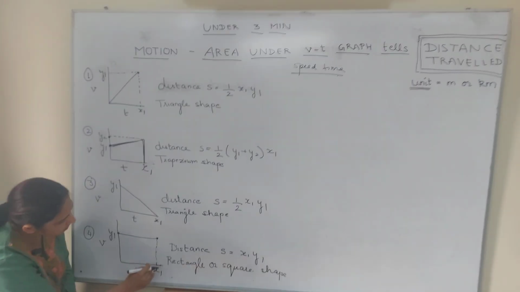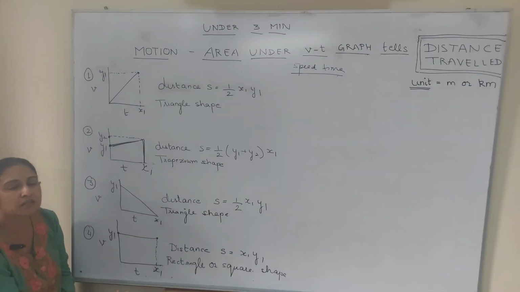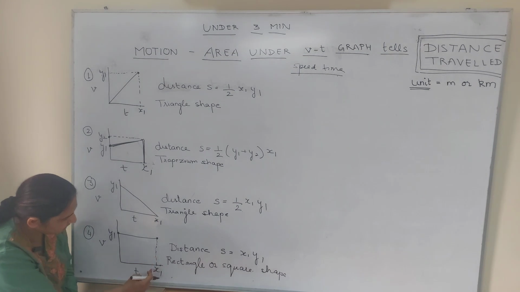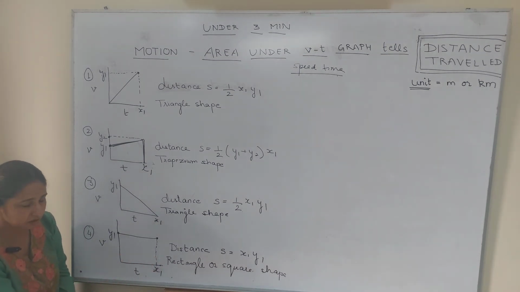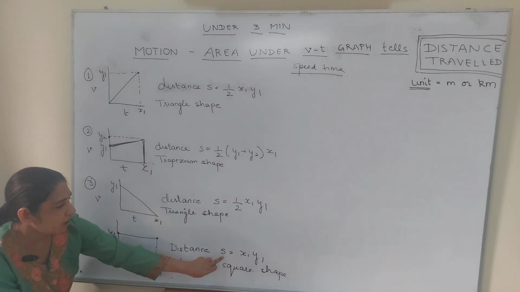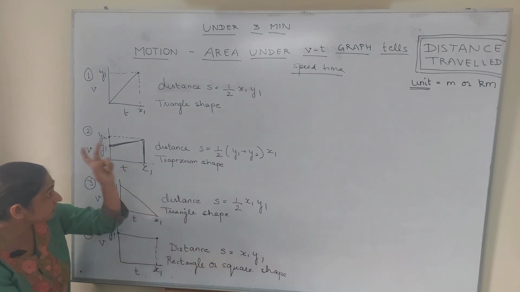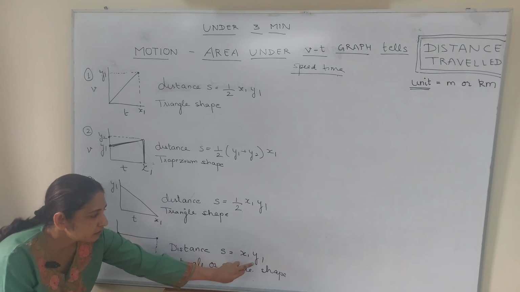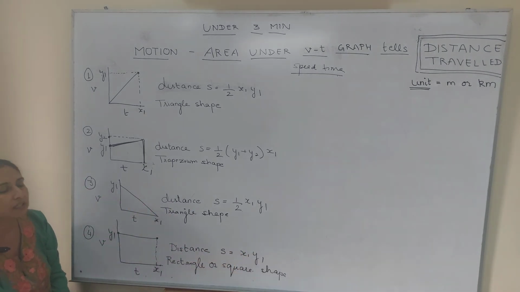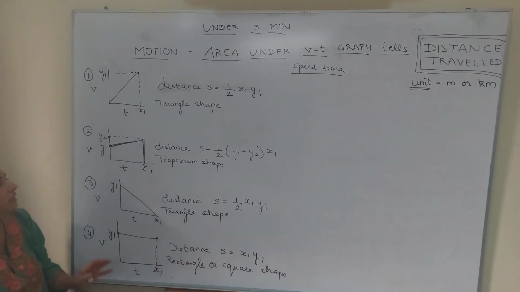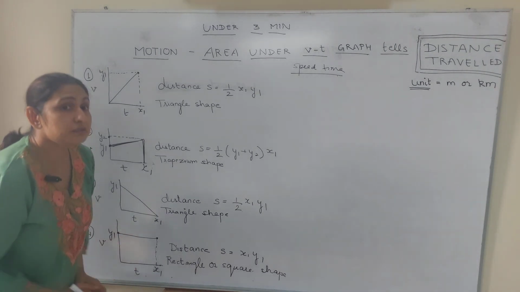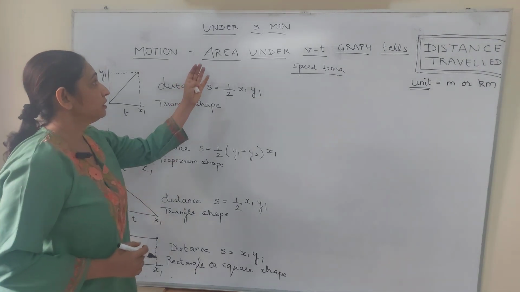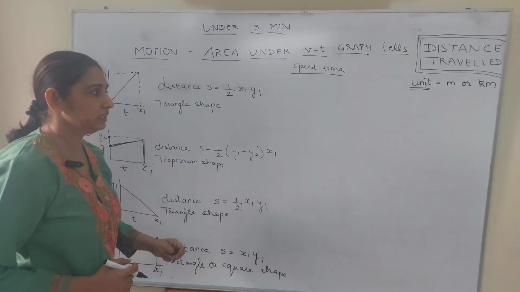Now this is called either a rectangular shape or a square shape, depending on the question. The formula to find the distance traveled by this object in this much time is x1 into y1. That's all you have to do in finding the distance traveled using area under a VT graph.